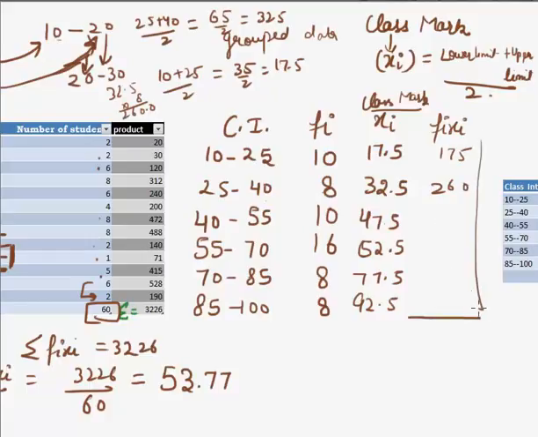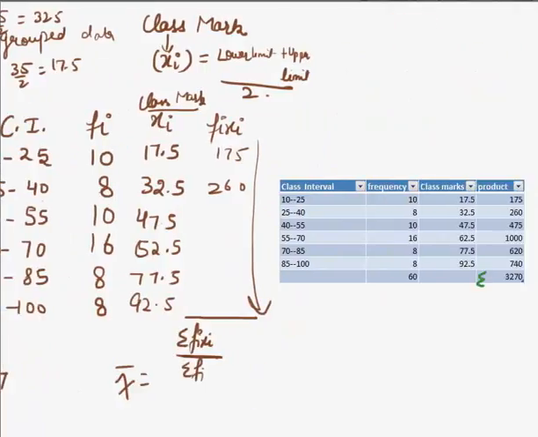Once we have calculated all the products, we will be calculating their sum and mean will be given as this sum divided by the sum of frequencies.